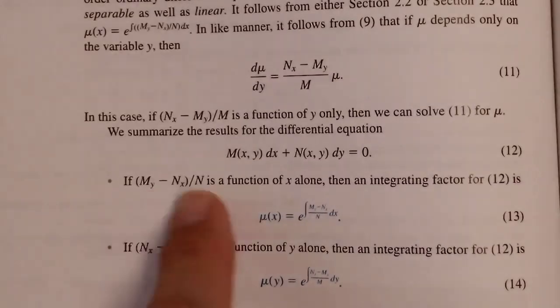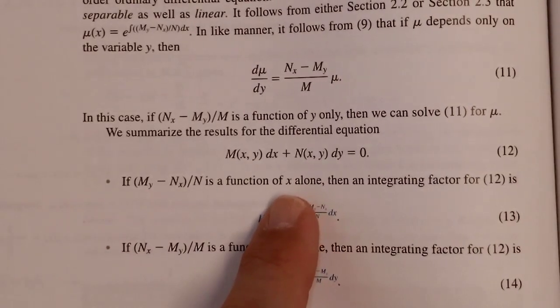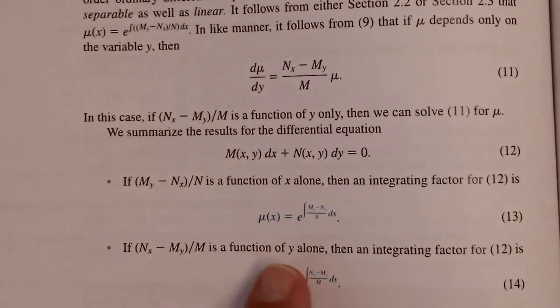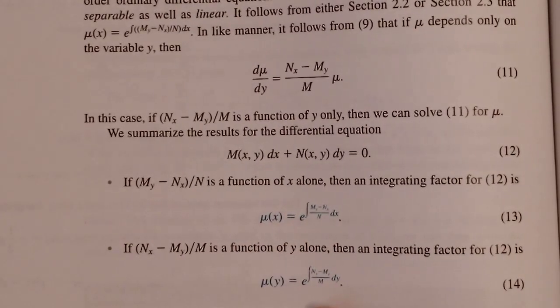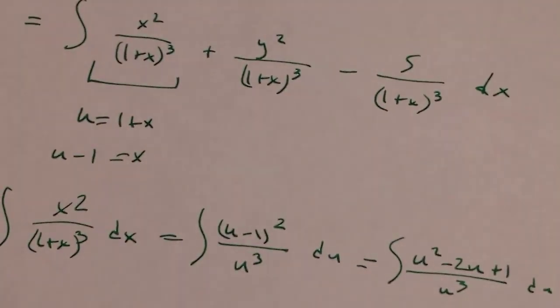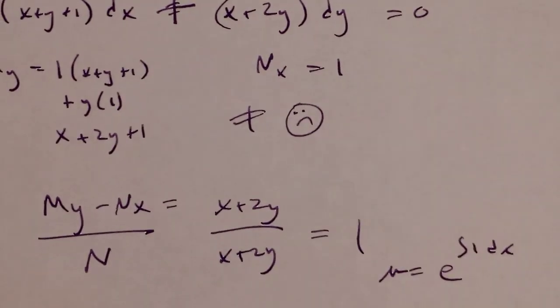If this is a function of x alone, well, 1 is definitely a function of not y. If this is a function of y alone, here's my integrating factor. So I know, since this was a factor, I can multiply by e to the x.